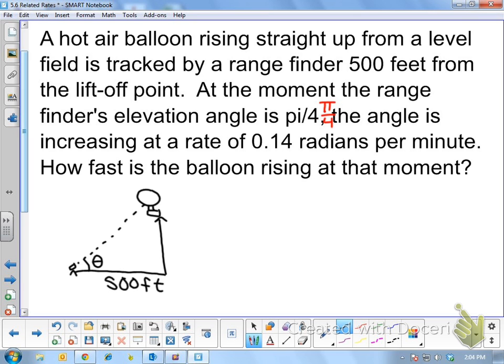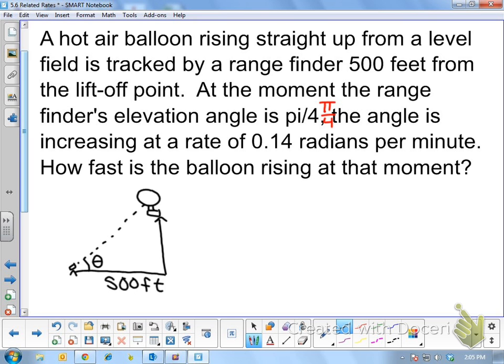So looking at this, how could I label 0.14 radians per minute? If this is a rate, how do we label a rate? What do we mean by rates? Instantaneous rates. Derivatives, okay? What notation for derivatives are we using right now? Leibniz's notation.